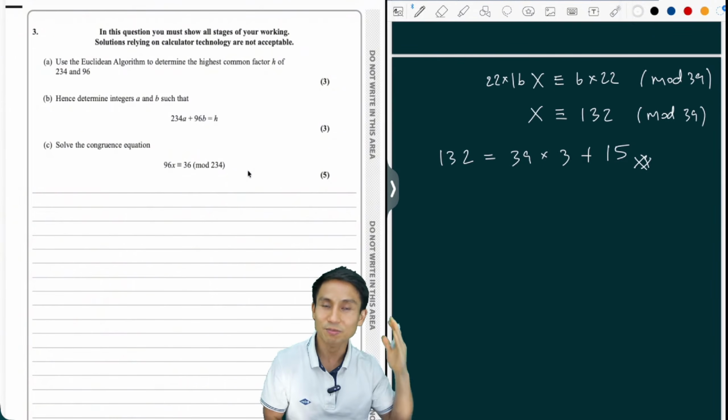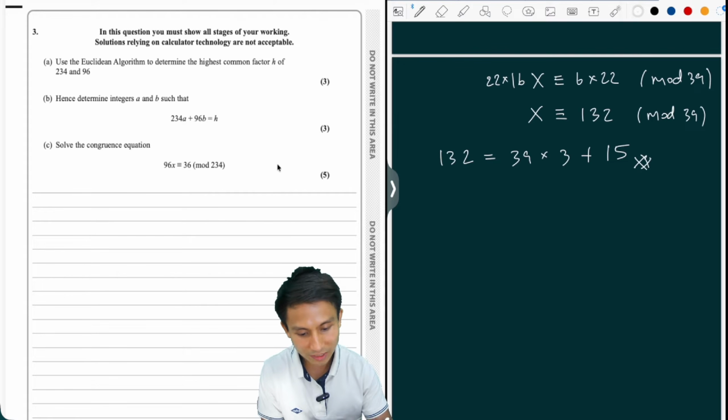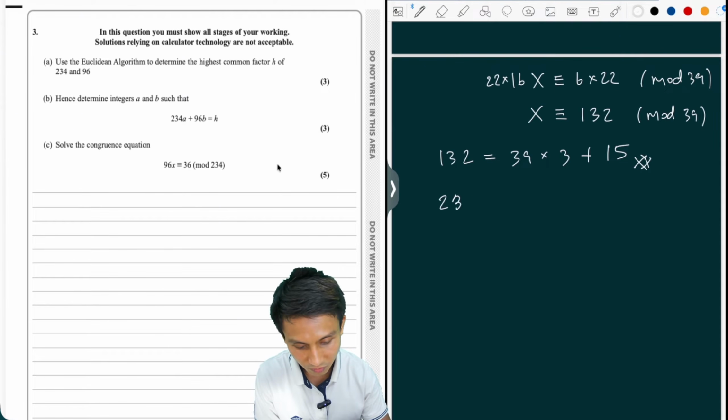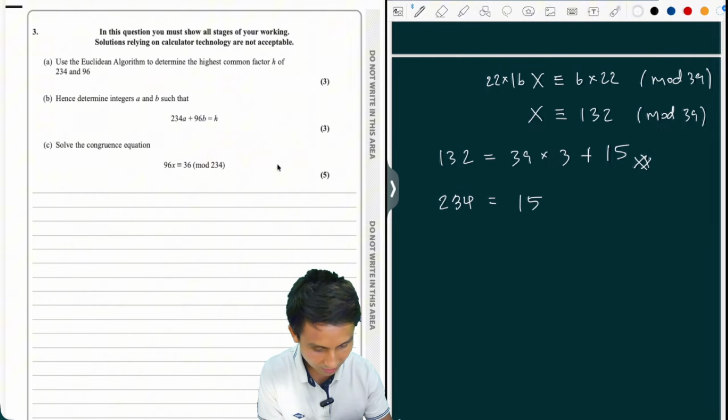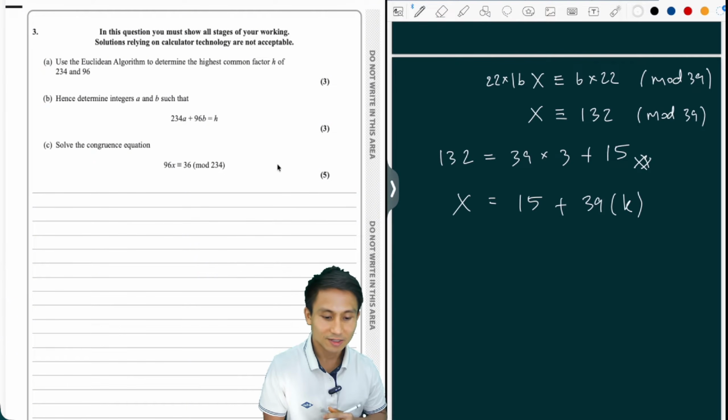So in fact, the maximum one is 233, just one less than the actual divisor 234, right? But how do we find that? Well, basically we're just going to do 234 equals 15 plus 39 times k. Wait, hang on. This should be x, yeah?